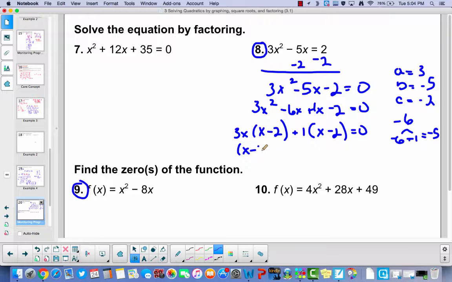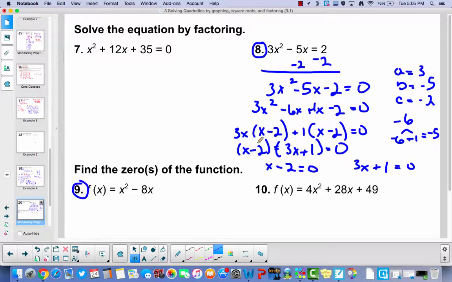So we have x minus 2 times 3x plus 1 equals 0. So either x minus 2 equals 0, or 3x plus 1 equals 0.